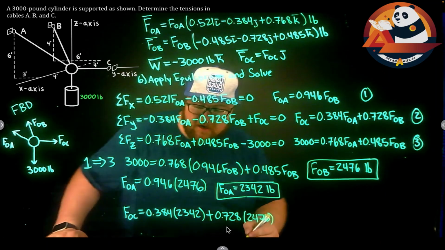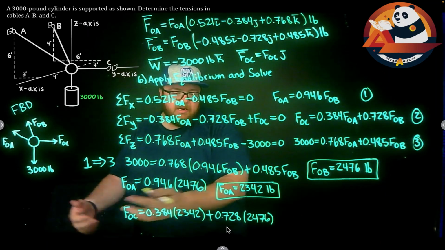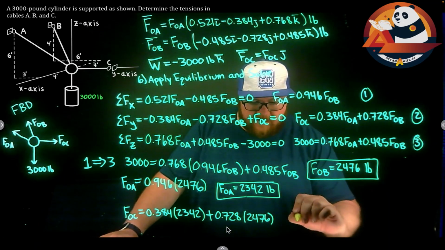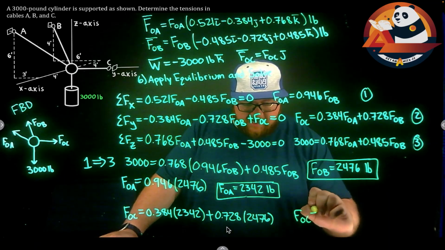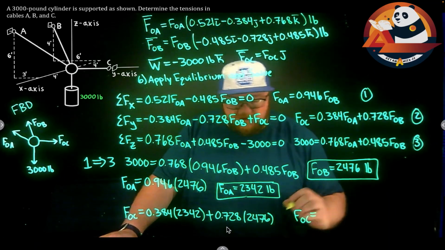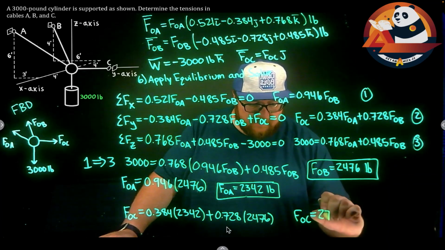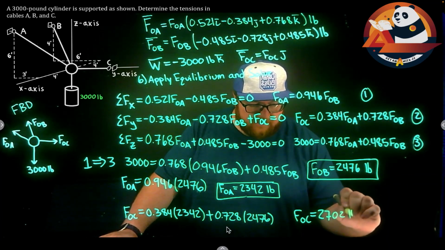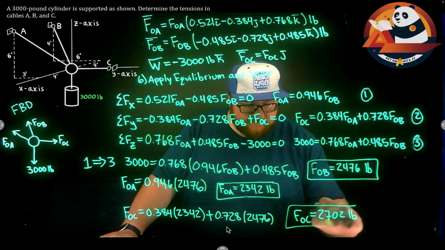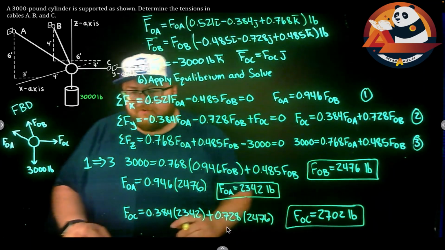That will get us FOC. We can solve this out. FOC is equal to 2,702 pounds, which is our final answer for our problem.